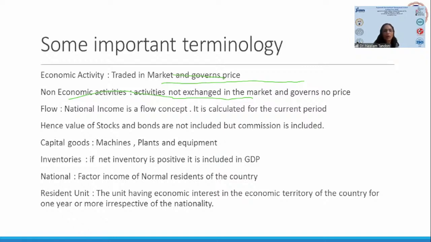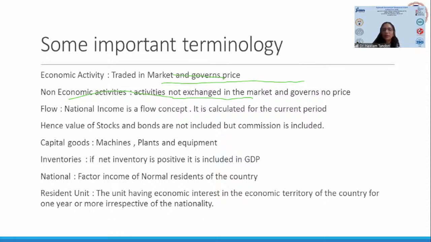So economic and non-economic activities. Economic activities are those which govern a certain price. Your mama making food at home has no price attached to it, but if you go for having it from outside, maybe from a dhaba, a 5-star, or any restaurant, you have to pay a price for that.